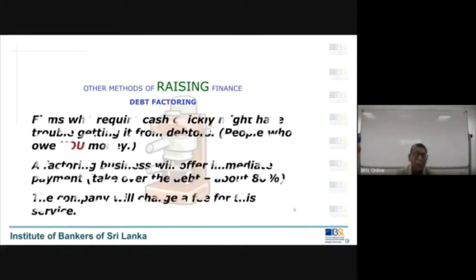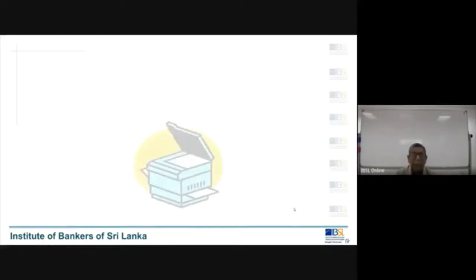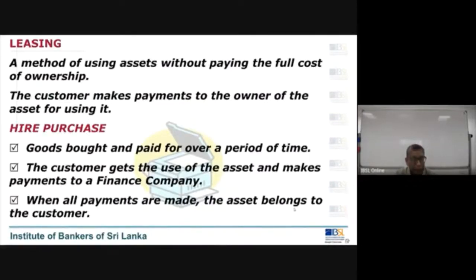Then the next method, of course, is leasing and hire purchase. Leasing, basically, I think you will learn later. There are 2 types of leasing, finance leasing and operating lease, where you don't have to pay the full cost up front, so you can use the asset without paying the full cost of ownership.